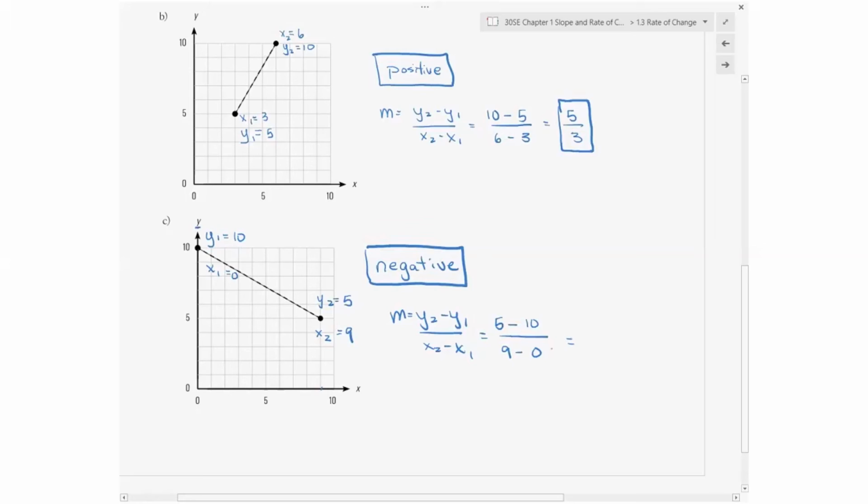Now when you're doing this, be really careful. You see 5 minus 10. Some of you might be tempted to just write 5 because you know the difference between there is 5 and you're thinking 10 minus 5. If you put this into your calculator, 5 minus 10, it will give you negative 5. So really watch that. If the first number is smaller, you're going to end up with a negative number. Make sure you're not just looking and going, oh yeah, I know the difference is 5. We actually have to remember that we're going into the negative.